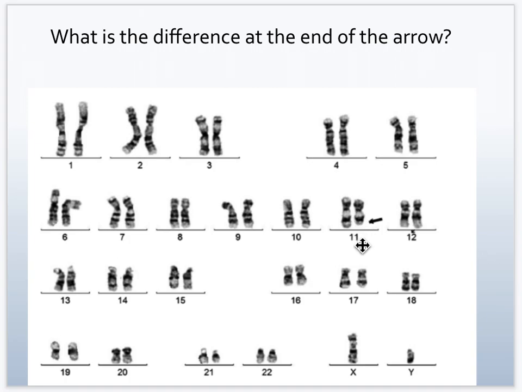So you could discover this by doing a karyotype of the white blood cells of the individual. Jacobson syndrome can cause heart defects, sometimes intellectual deficiency, sometimes bleeding disorders, but sometimes your doctor will do a karyotype just to see if there's any abnormalities in the karyotypes of the genes.